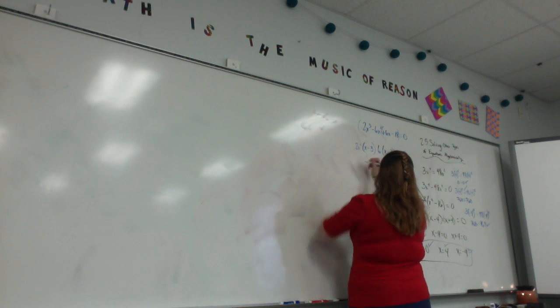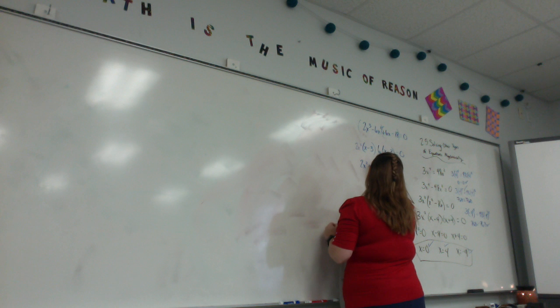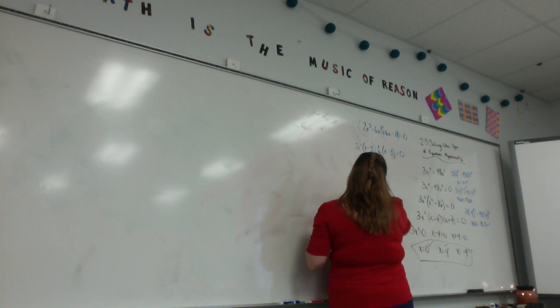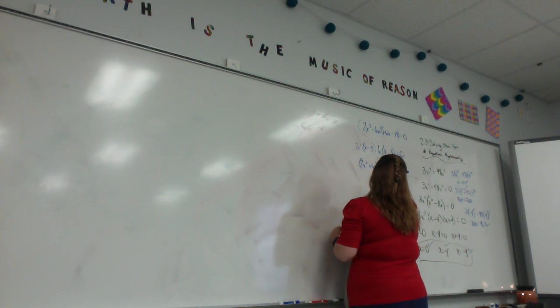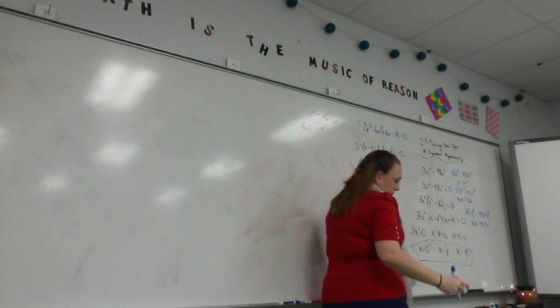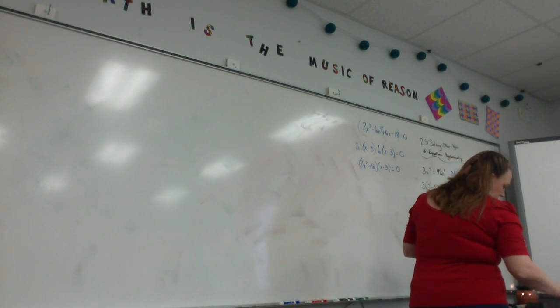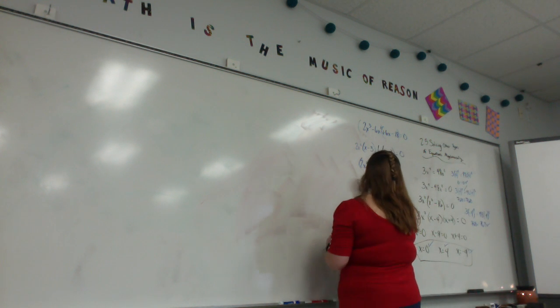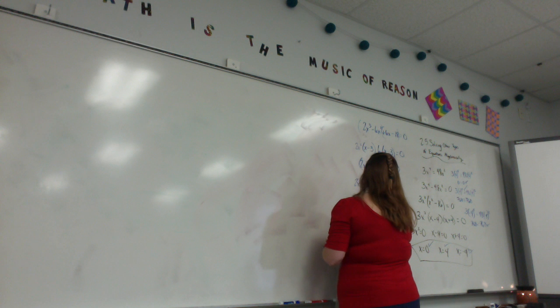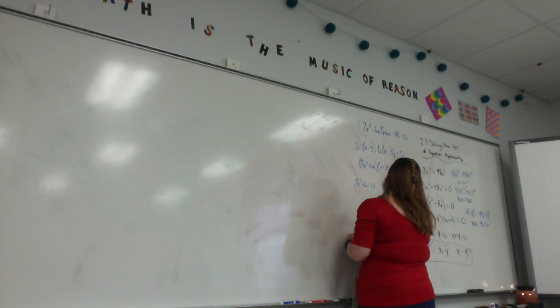These combine together: 2x squared plus 6. And these represent 1 unit, x minus 3. From there, you will set each unit equal to 0. So 2x squared plus 6 equals 0, and x minus 3 equals 0.